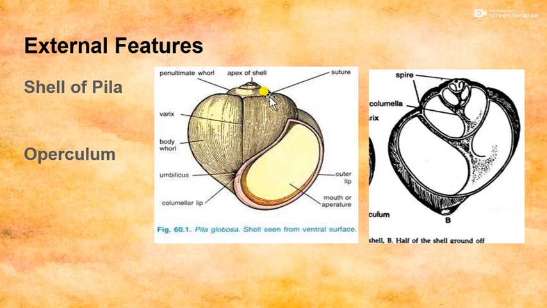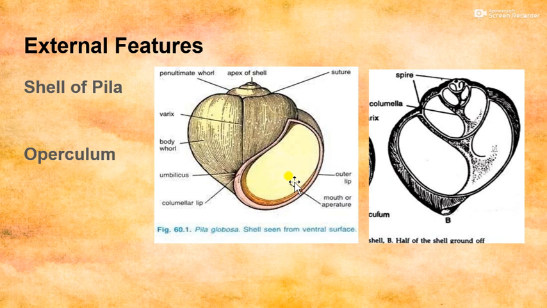Such a shell is called unilocular, and the body whorl has a large mouth or opening. Look at this large mouth or opening. The margin of the mouth is called the peristome, from which the head and foot of the living animal can protrude.